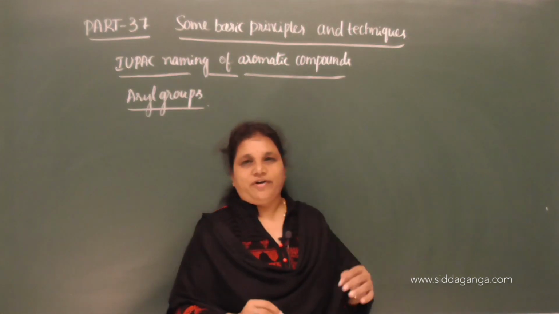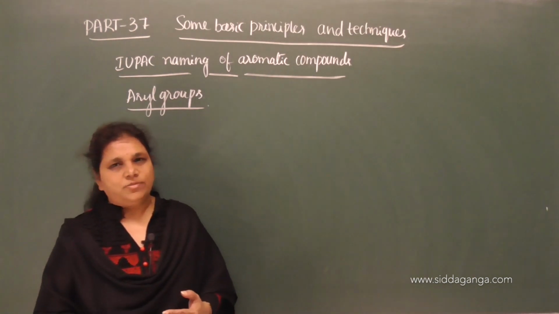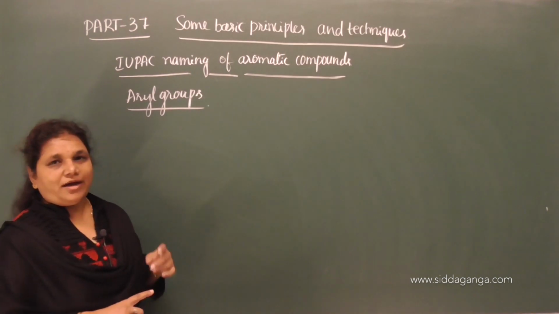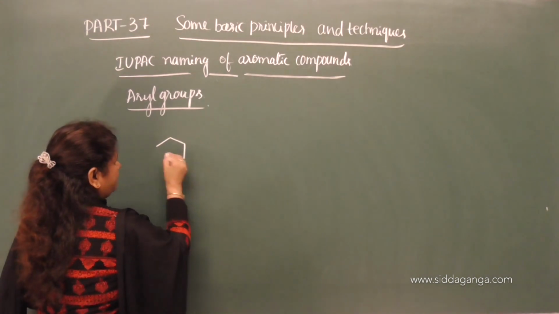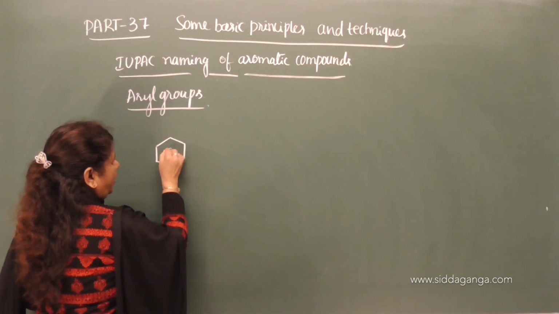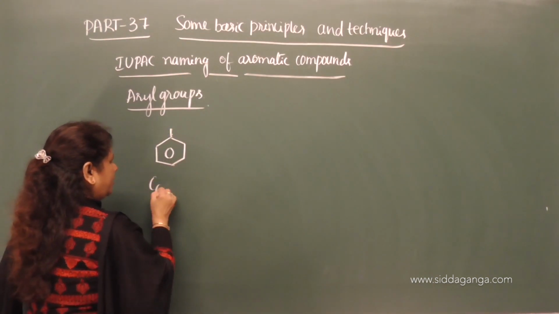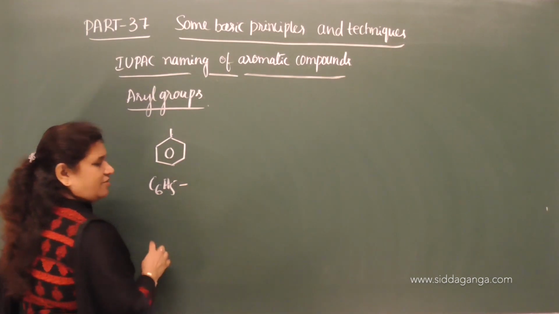As in the case of aliphatic compounds, we discussed alkyl groups and alkenyl groups. Like that, in aromatic compounds there are some important aryl groups. See here, this is benzene. Remove one hydrogen from benzene, this becomes the vacant bond and the formula will be C6H5 with a hyphen.